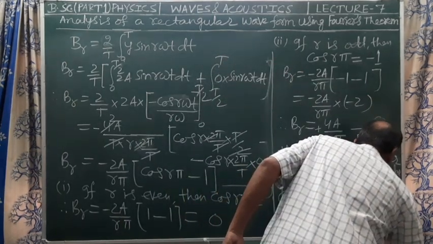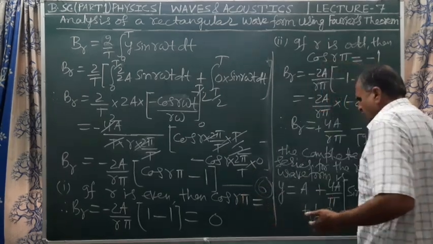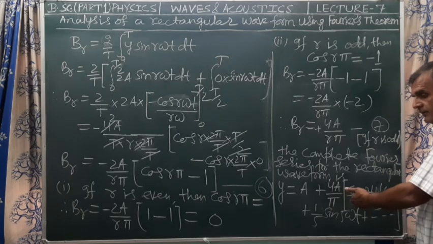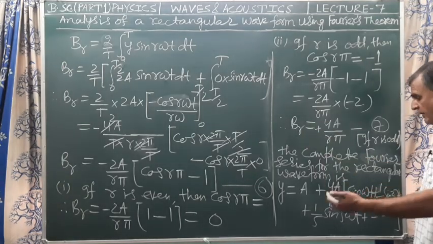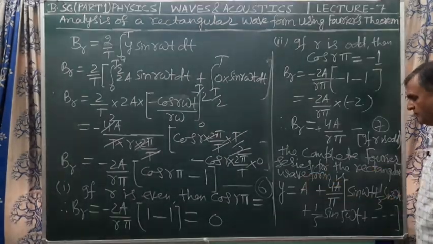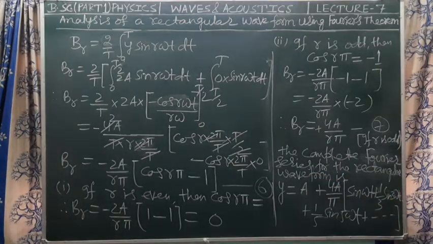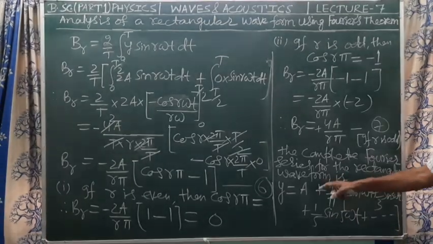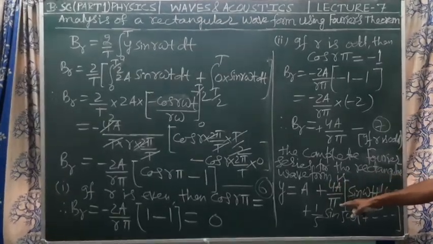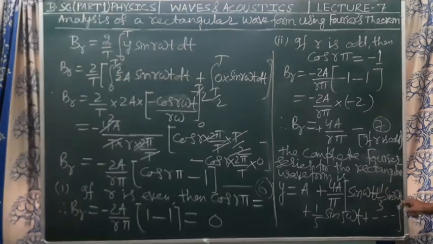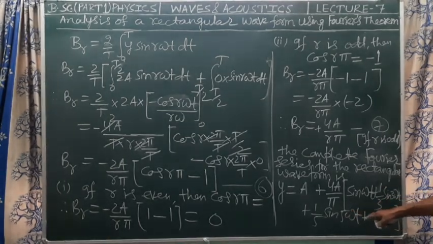That is, only odd sine terms are present in the Fourier series of the given rectangular waveform, and the first term a0 is present whose value is capital A. So the complete Fourier series for the given rectangular waveform is y is equal to capital A plus 4a upon pi under bracket sin omega t plus 1 by 3 sin 3 omega t plus 1 by 5 sin 5 omega t plus so on.